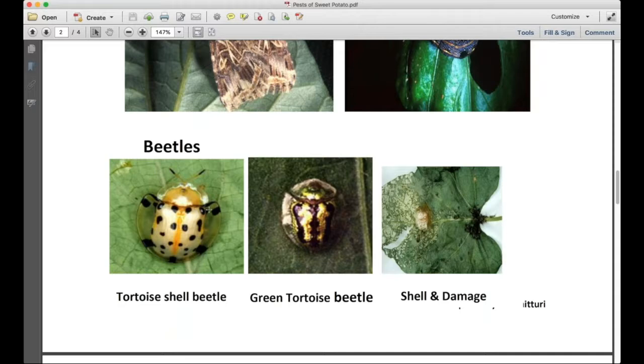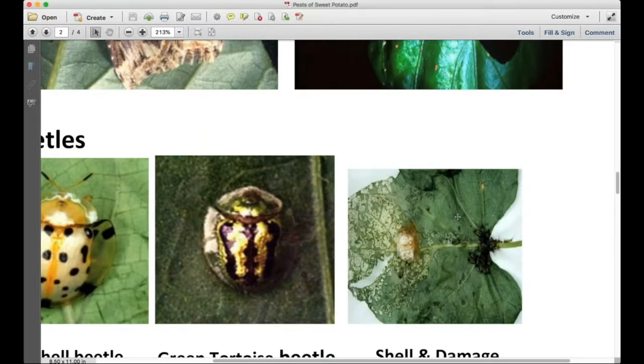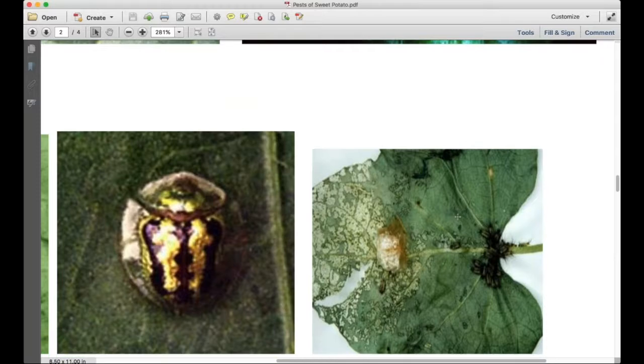So the tortoise shell beetle, this is the beetle adult, and this is the green tortoise beetle. And how you can identify the damage is you see the shells of the beetle on the leaf, and you see grubs sitting there and feeding. This is the typical characteristic damage you can see when a beetle is feeding on the leaf.